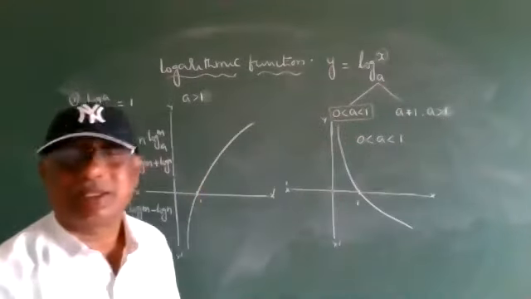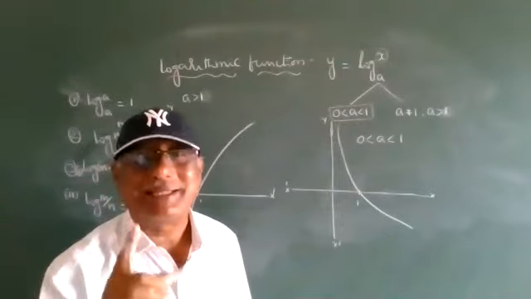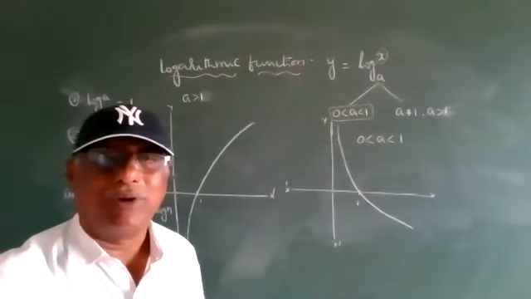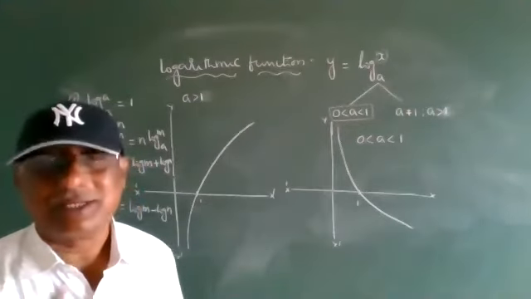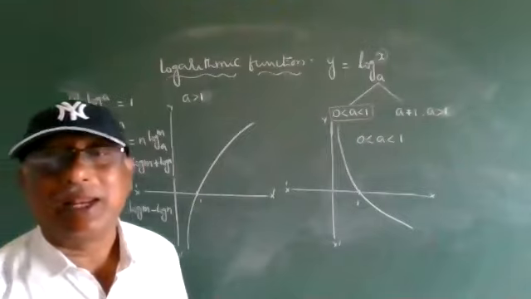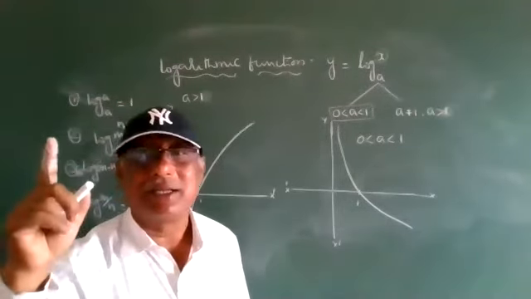I am telling the condition about the a value, the base condition only. The x values could be 1, 2, 3, 4, whatever; I am not telling about the x values. So understand, I am telling the condition for the base only, not for x. Point understood?